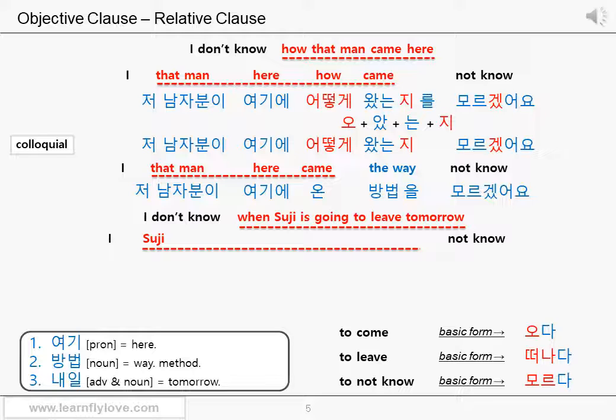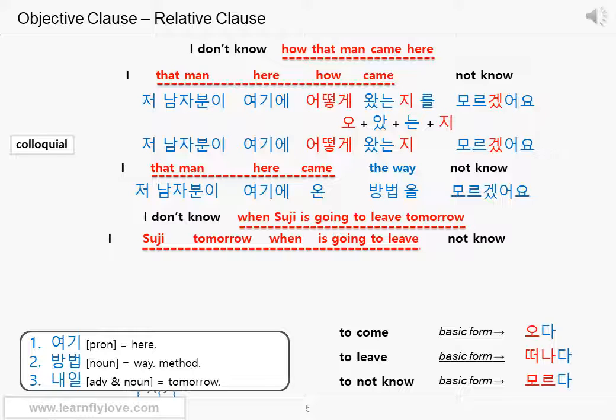Tomorrow and when both are time-related words, but when indicates more specific time than tomorrow. So let's put tomorrow first and then put when. And then let's put predicate part is going to leave at the end of the clause. I, Suji, tomorrow, when is going to leave, not know.